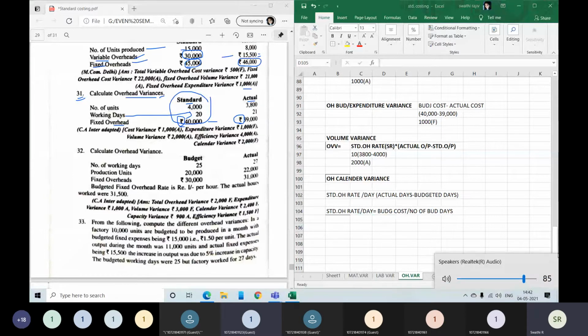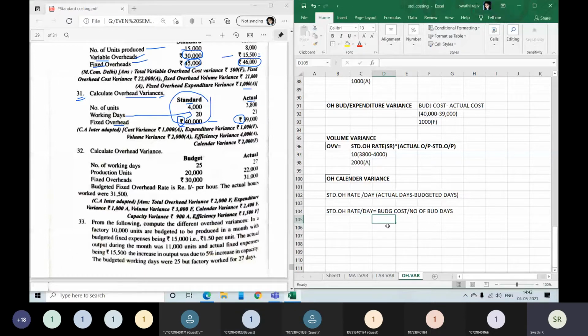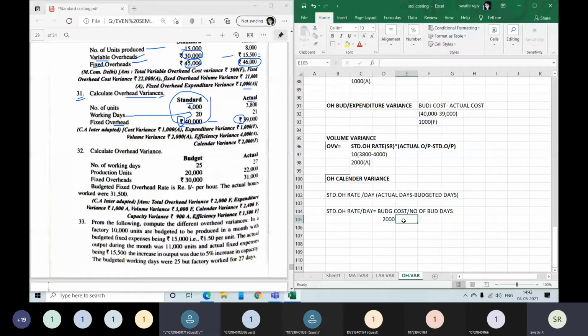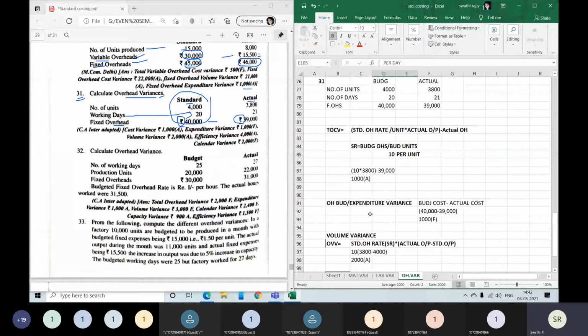40,000 by 20. Yes, 40,000 is your budgeted cost divided by number of budgeted days, which is 20. So this is 2,000 per day, right? This is per day, and the other one is per unit.